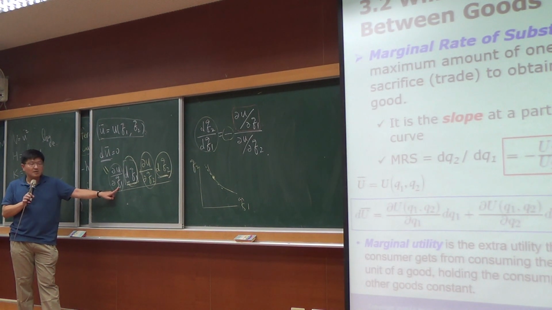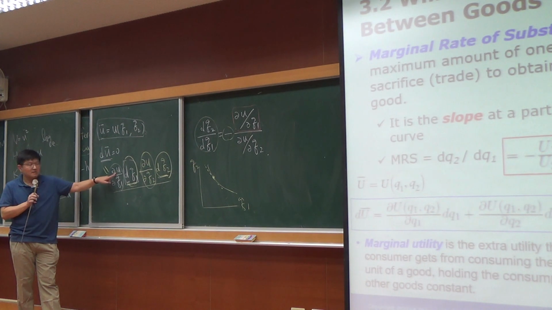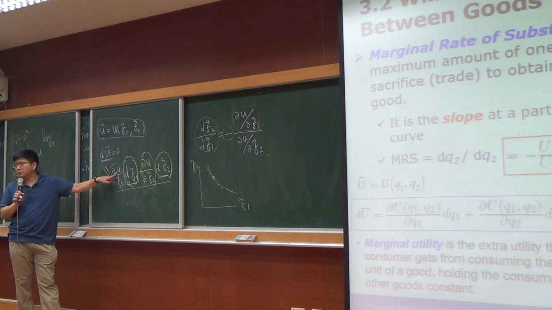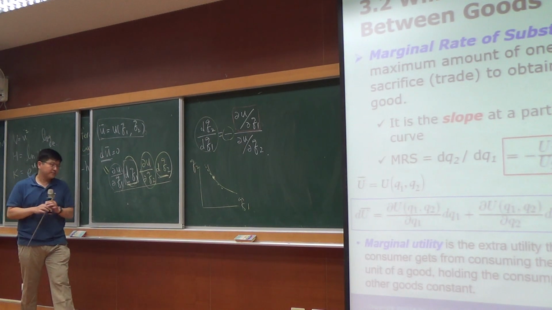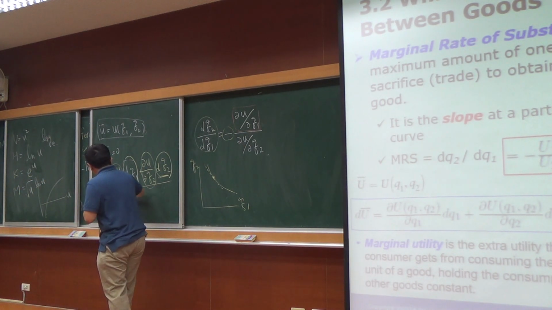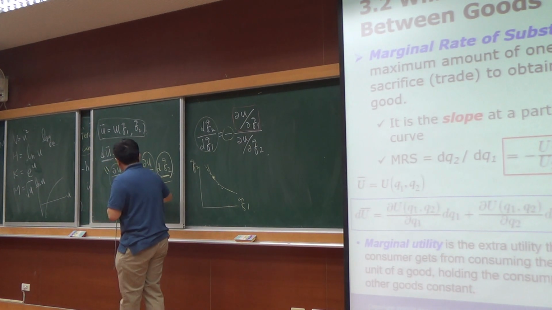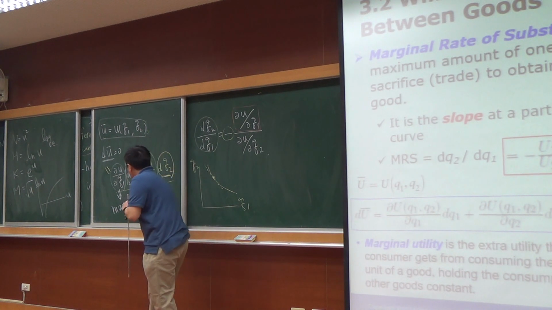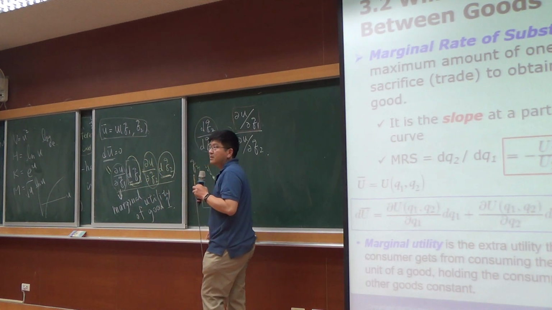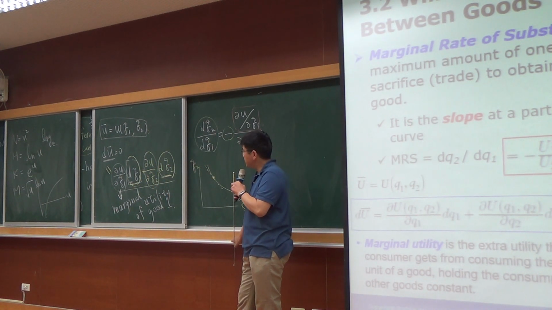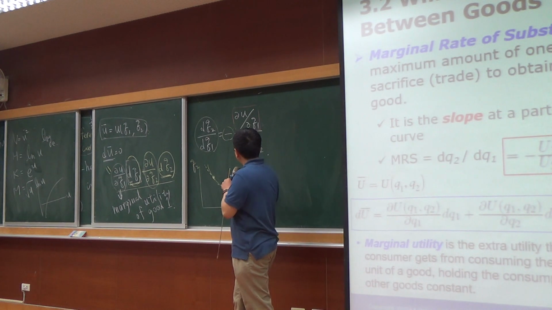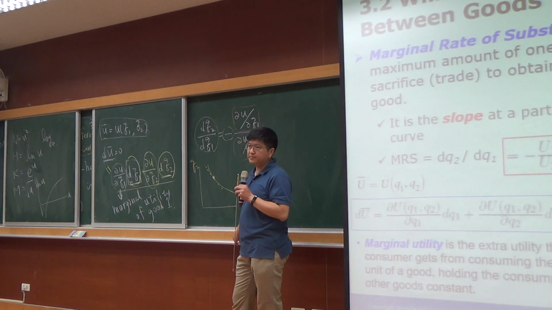Per unit change in Q1 on the change of U. So it's actually, we call it marginal utility. This is marginal utility of good one. And this, of course, marginal utility of good two.